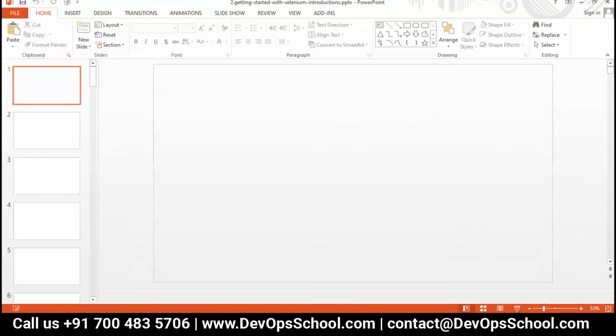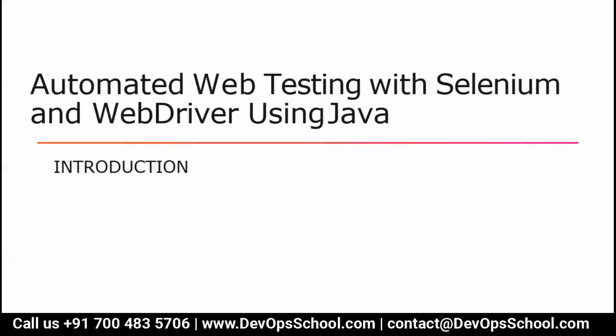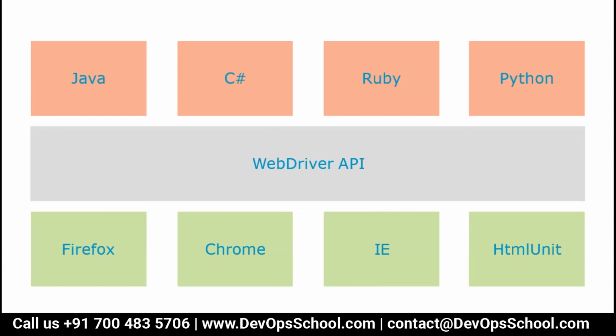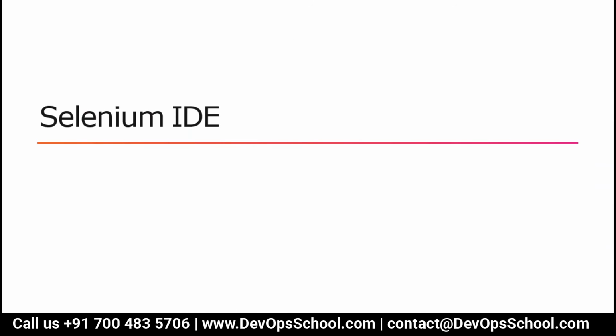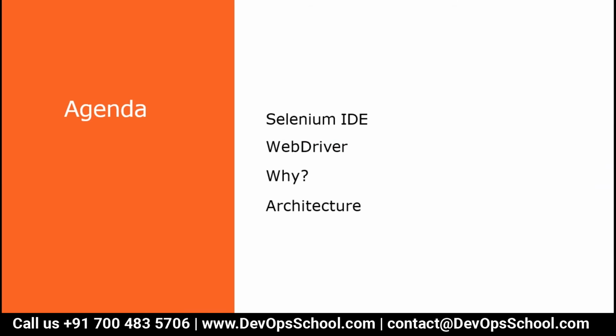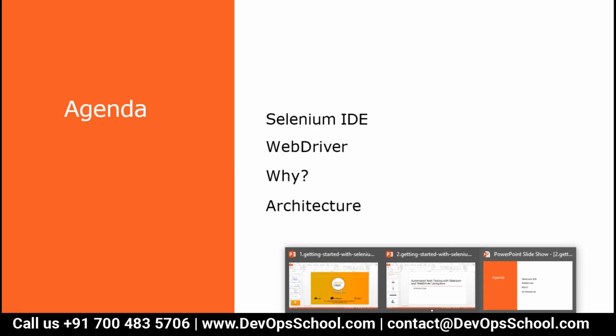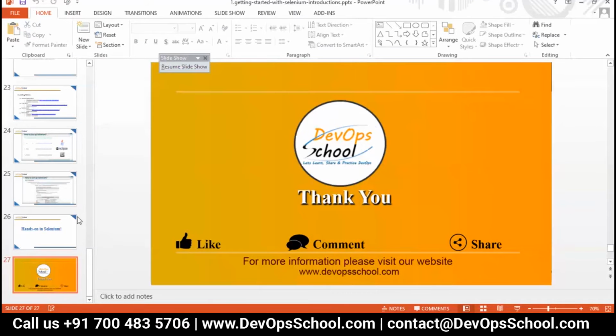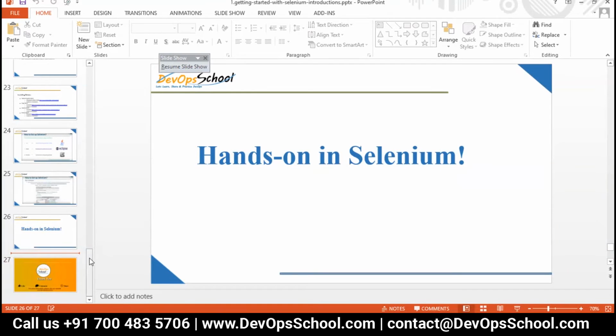No. Okay. Now, guys, we are going to learn the terminology. So let's get started. So first thing is, what is IDE? If you remember in the last session, we have seen that Selenium has four components. Let me show you one more time here.